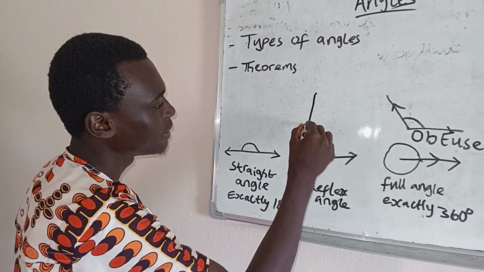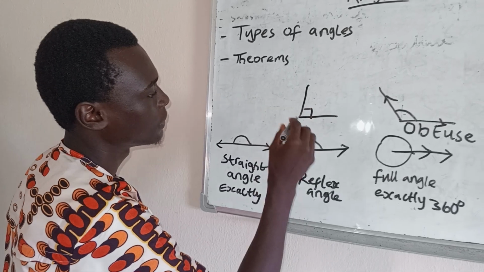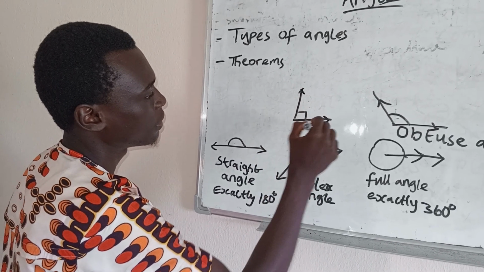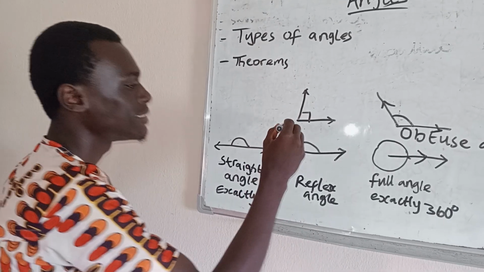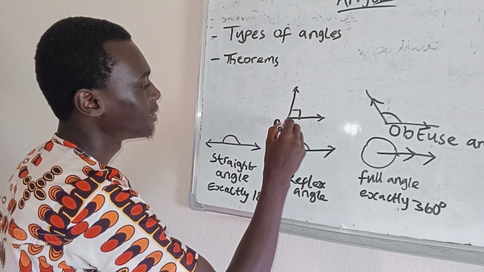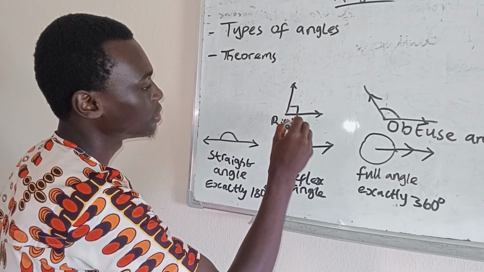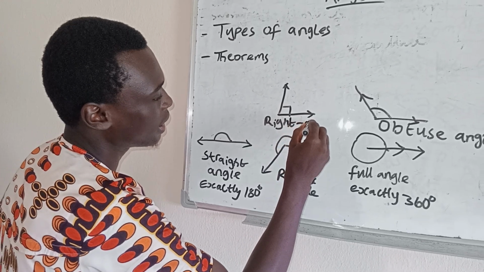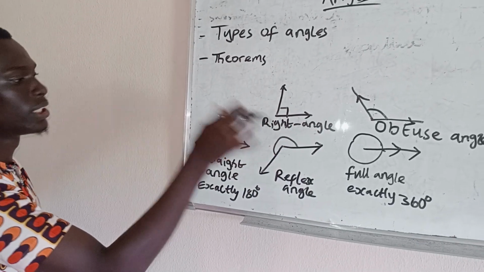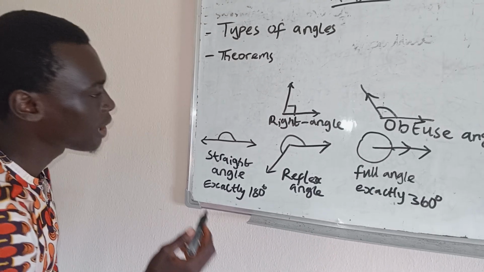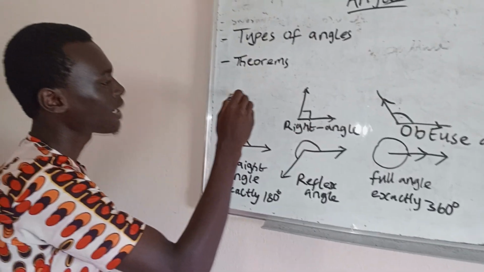And then 90 degrees is another type of angle, the right angle, exactly at 90 degrees. Right angle, exactly 90 degrees. And then the last type of angle we have is the acute angle.